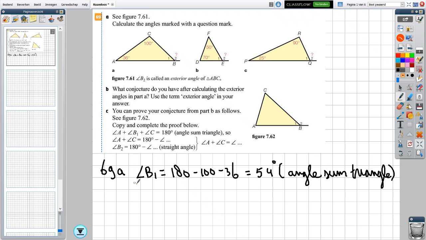What is B2? Well, B2 and B1 together are a straight angle, right? So you can say B2 is 180 minus 54, which is 126 degrees. Why? Straight angle.